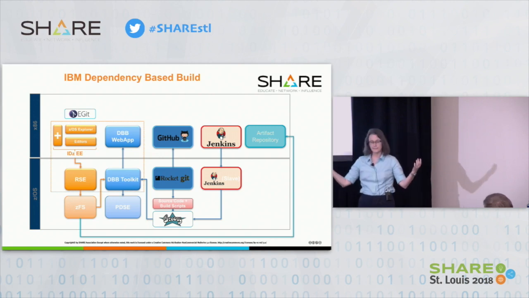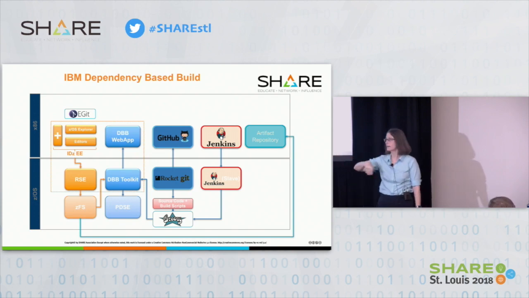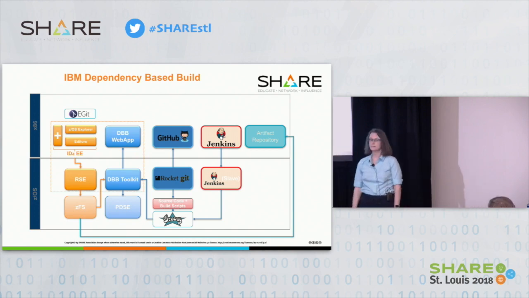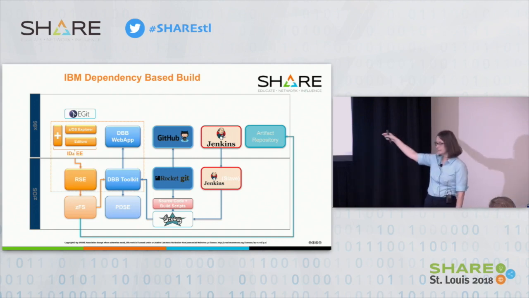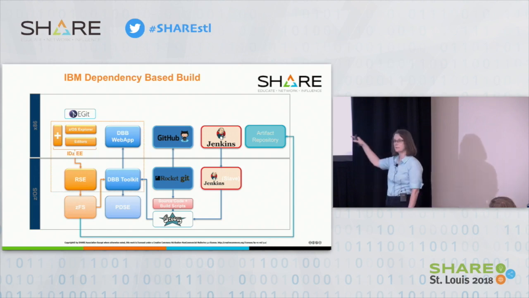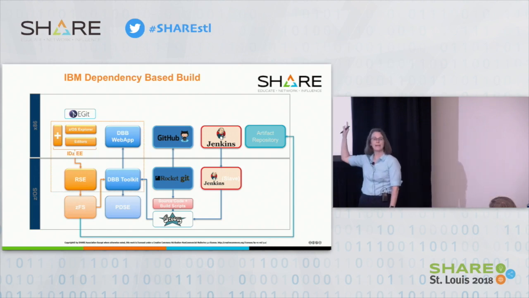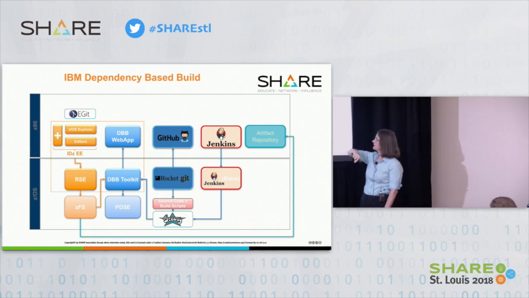You need RSE in the back to talk to IDz. We're using the zFS. We have the DBB toolkit running. We have our web app. That's the thing that stores the dependencies. And here you'll see in my example, I'm using GitHub. It could be GitLab. It could be Bitbucket. It could be any server with the Rocket Git.